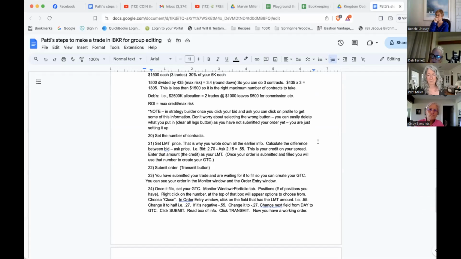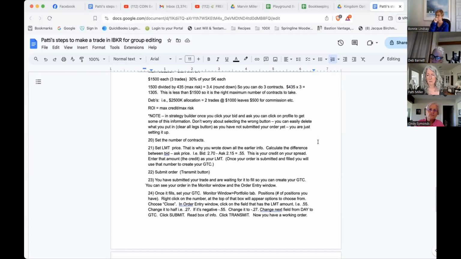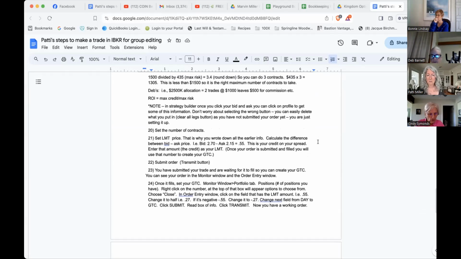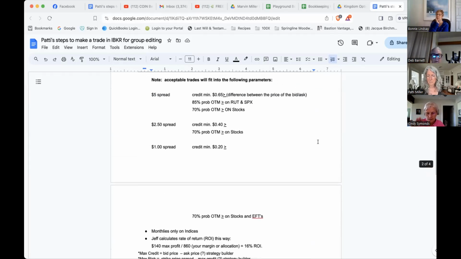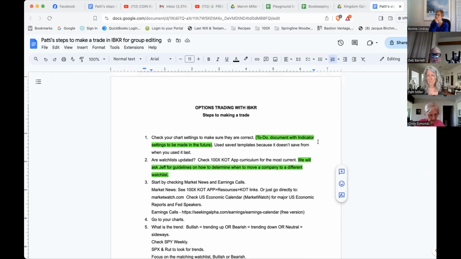I didn't have enough information about how to set alerts and stuff. Then use the gear icon to the far right for the strategy builder, and then go to the option chain display. All of that I have. That's what I did along with us. I was trying to take notes for myself.